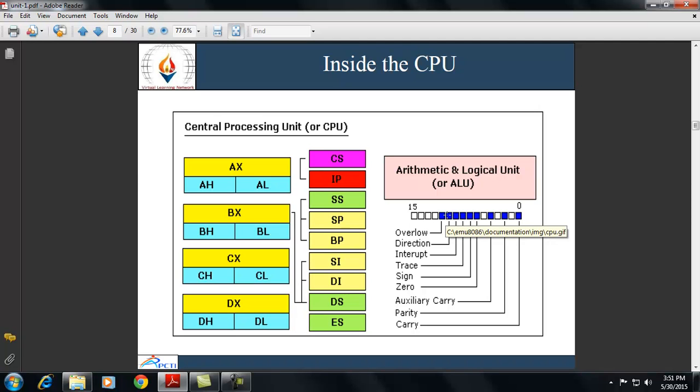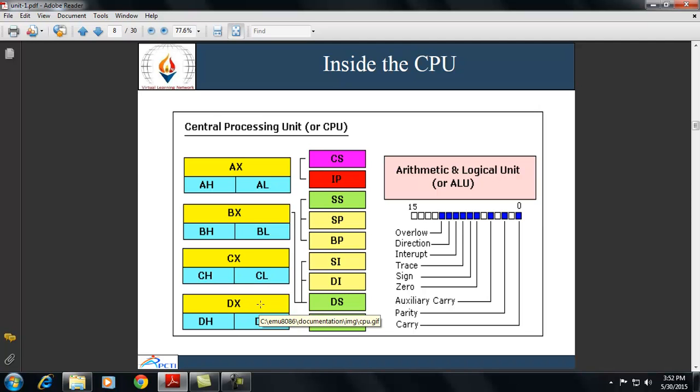The 8086 microprocessor has 4 general purpose registers, namely AX, BX, CX and DX, and all these registers are of 16-bit. However, each register can be used as 2 general purpose byte registers also, and these byte registers are named AH and AL for AX, BH and BL for BX, CH and CL for CX and DH and DL for DX.